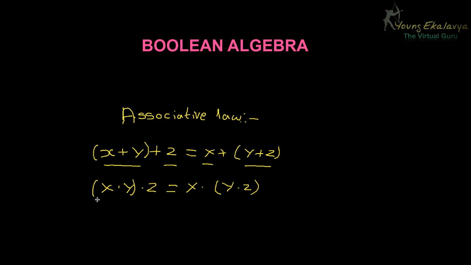So I will underline it here. x and y and z is equal to x and y and z. So this is our associative law.